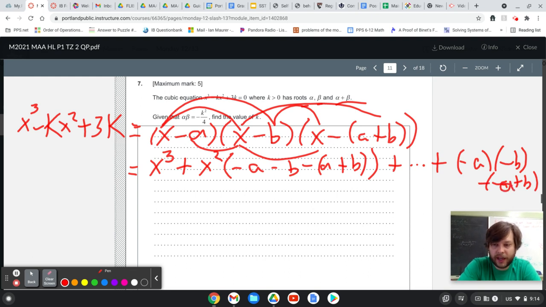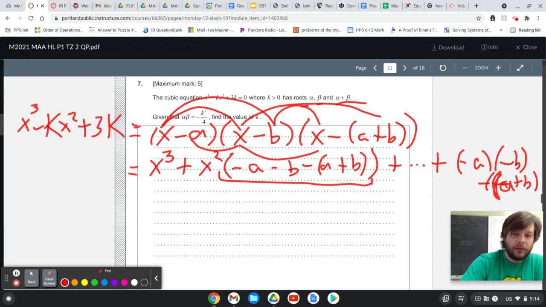Sorry, the negative's on the outside of the parentheses, not on the inside of the parentheses. Okay, this piece right here is my x squared coefficient, so that has to equal negative k. And this piece right here is my constant, so that has to equal 3k.